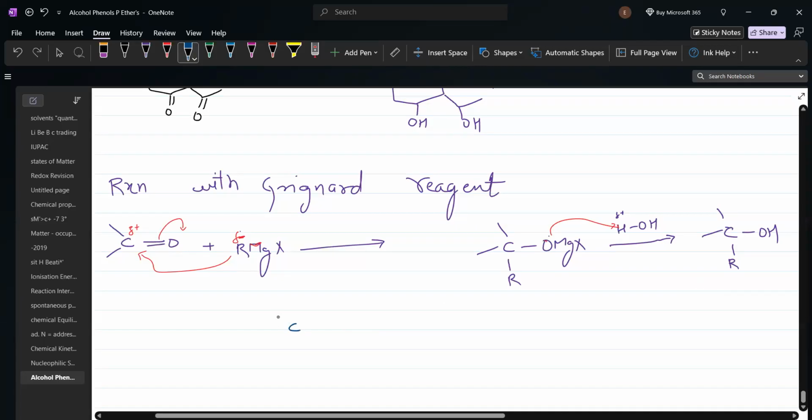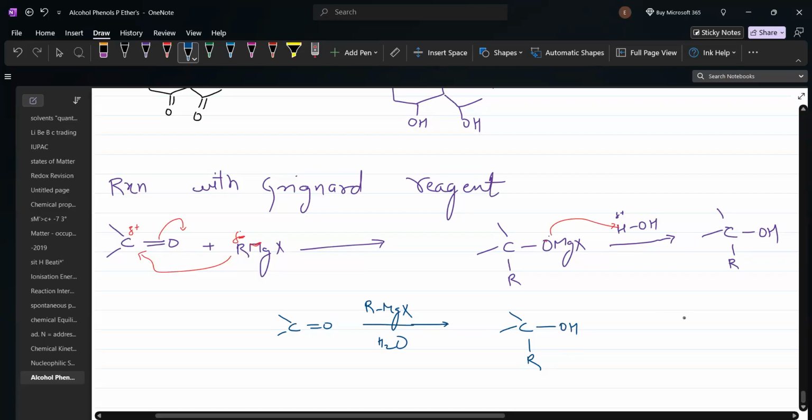What happened here is, after reaction with Grignard reagent RMgX and in presence of water, finally this R gets attached to the carbon having double bond O, and this double bond O becomes OH. The double bond O breaks and forms OH.